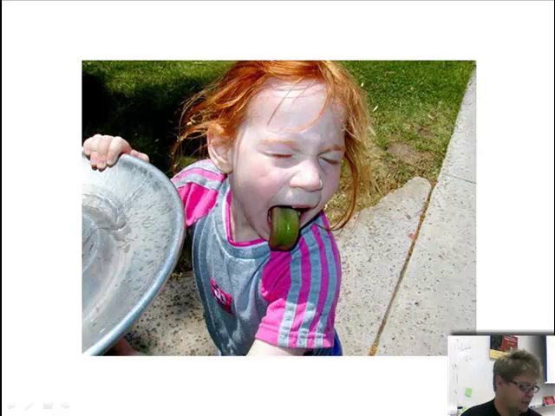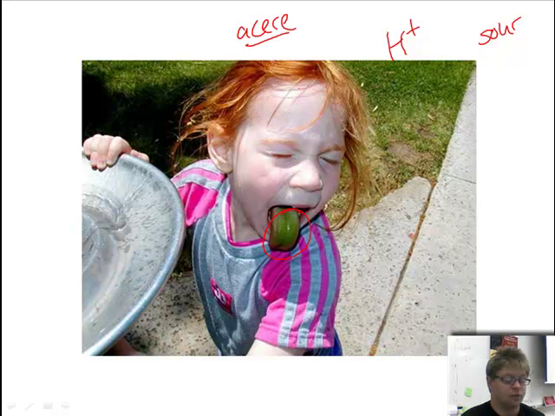What's happening is there are additional H plus ions, additional protons, and they're interacting with the tongue. As they interact with the tongue, that's where you get the sour reaction. The word acid came from the root word acere, which means sour.